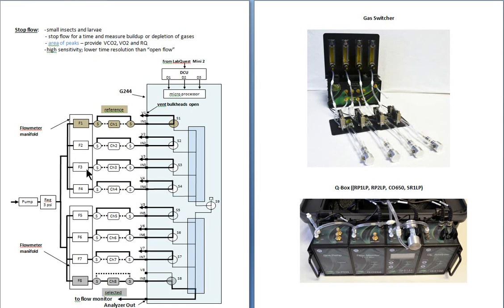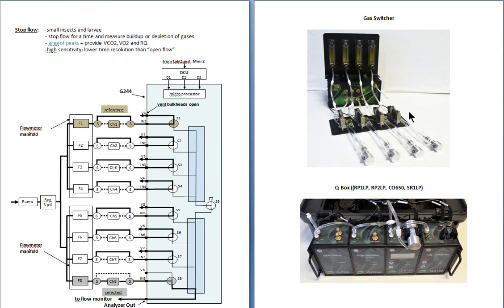Each one has a valve at the bottom to control the flow, and it also has a ball in a column where you can visualize the flow. So these gases are coming into the back of the flow meter. They come out of the front of the flow meter to the solenoid in the case of stop flow. If you're doing open flow, these solenoids would be removed.